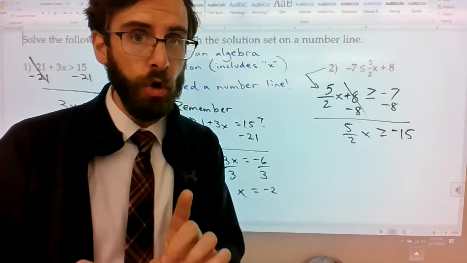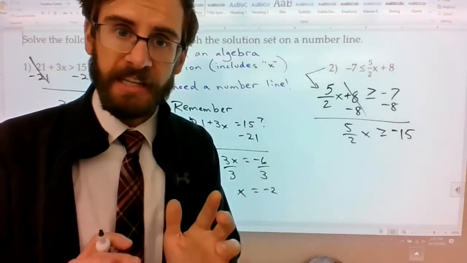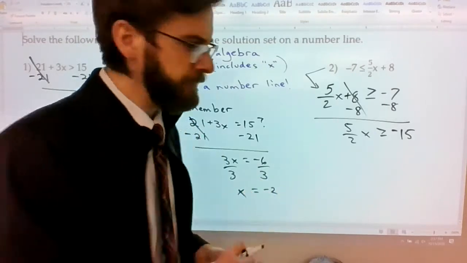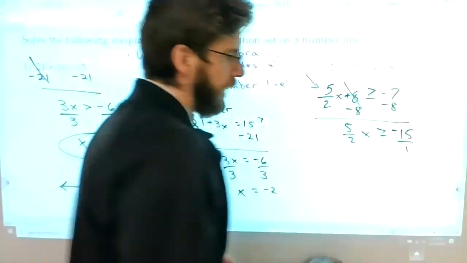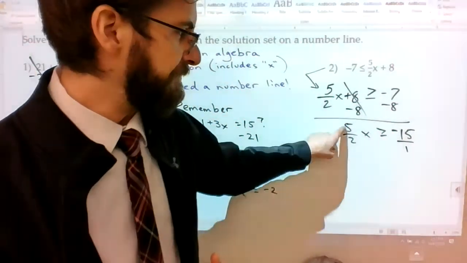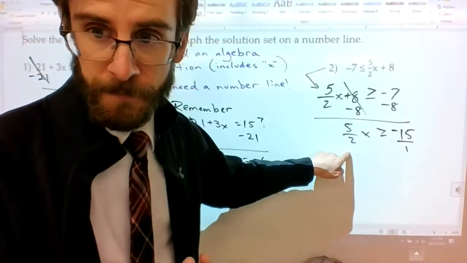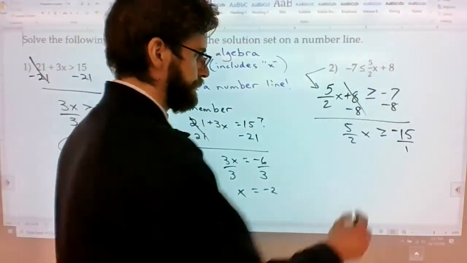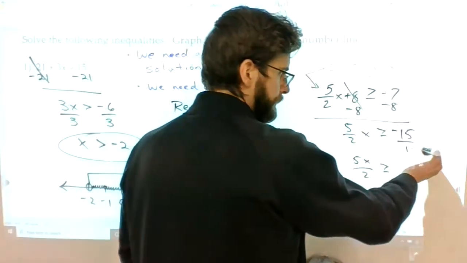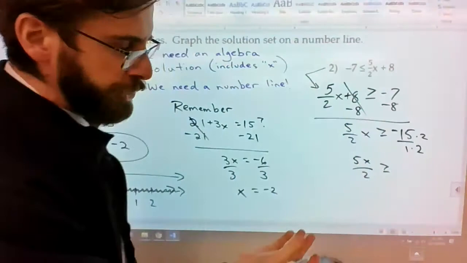You do not want to cross multiply when dealing with inequalities. I think one of your best options here is to put the negative 15 over 1 and just say, I want to find common denominators between 5x over 2 and negative 15 over 1. So make the denominator 2 on both sides.